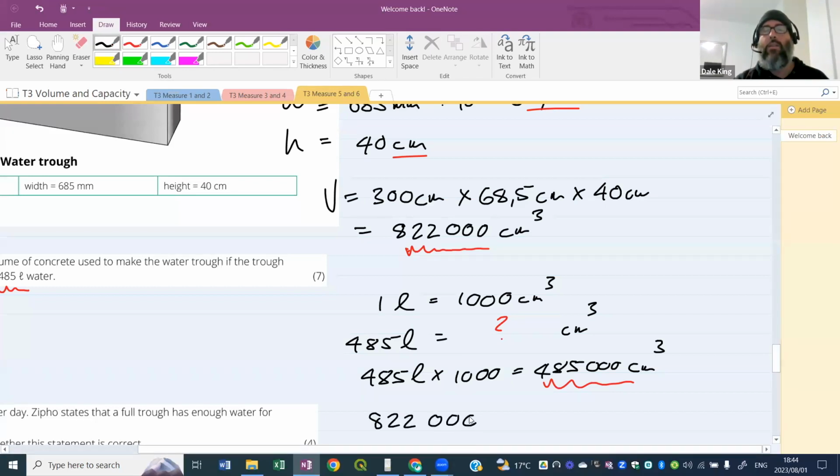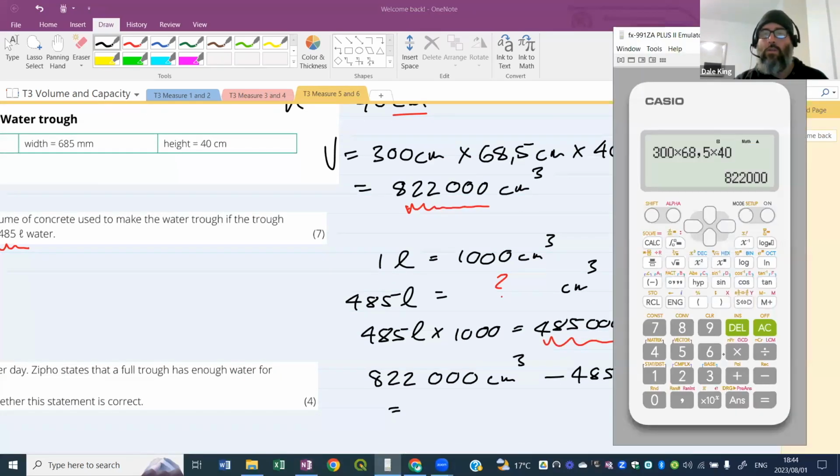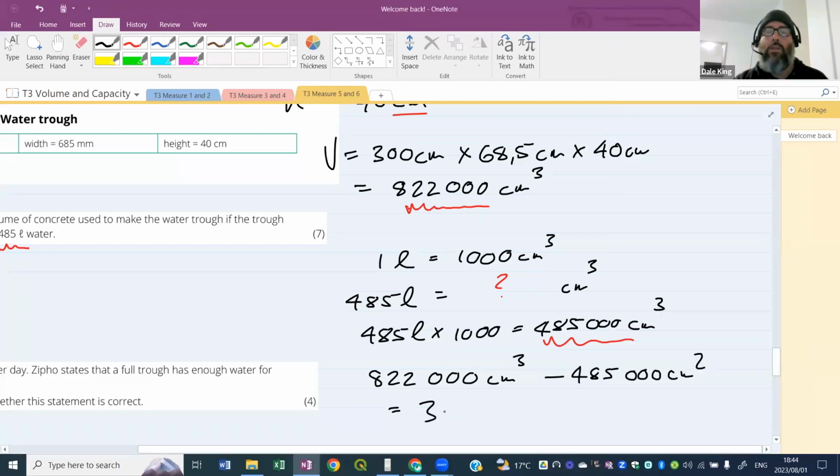Yes, and that'll leave us with the outer boundary, which is just the concrete. So we subtract these two, 822 minus 485, 337,000 cubic centimeters of concrete. Okay.